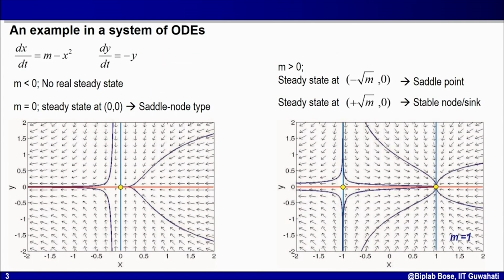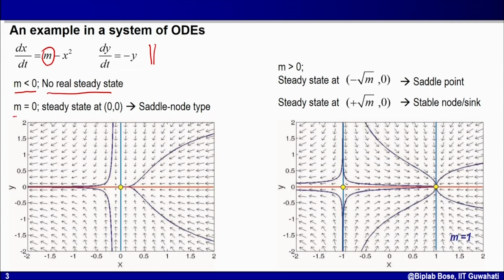Let us take an old example that we discussed in the last module. I have a system represented by this set of two ODEs: dx/dt equals m minus x squared, and dy/dt equals minus y. As we discussed earlier, if I take m as a parameter and check whether it causes bifurcation in the system, I can see that when m is less than 0, there is no real steady state, so we are not much bothered about that.